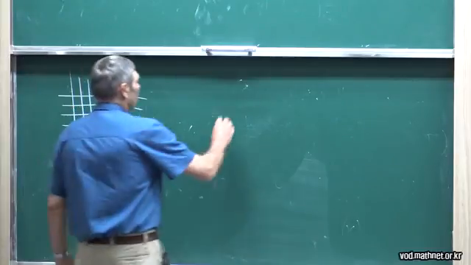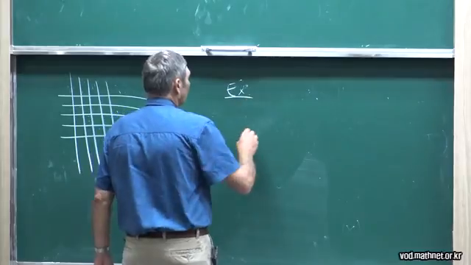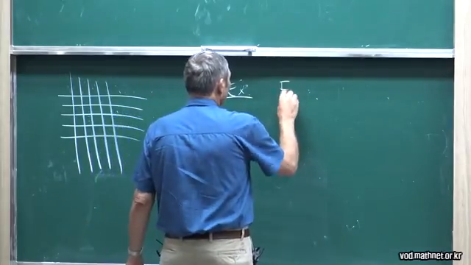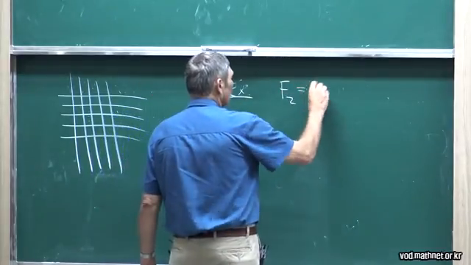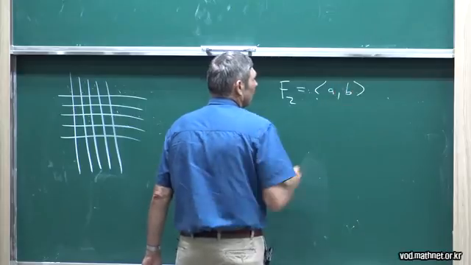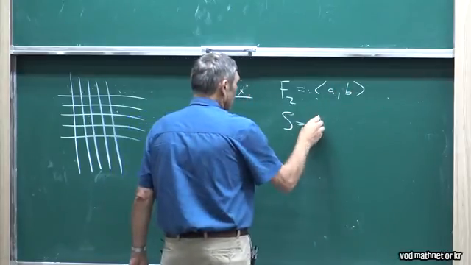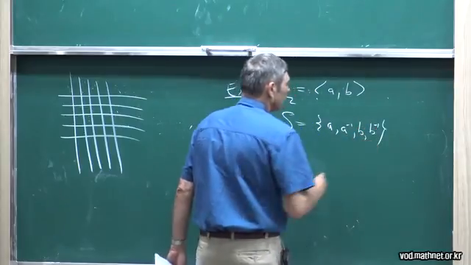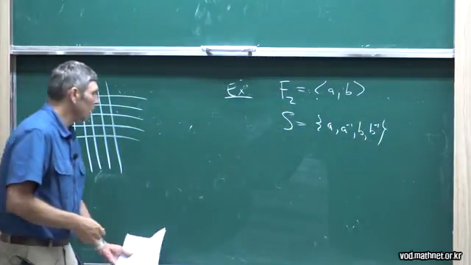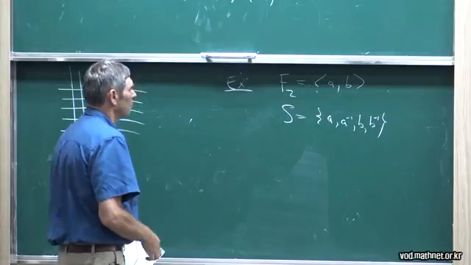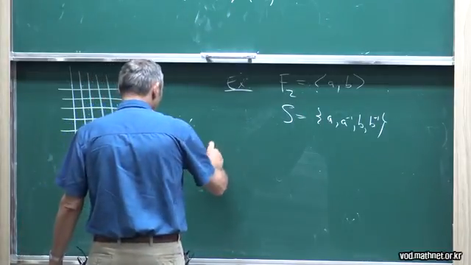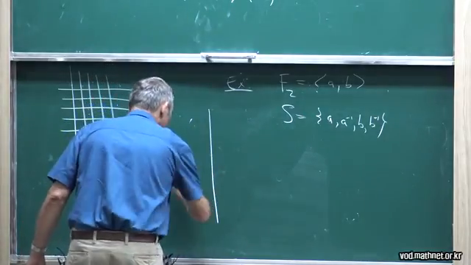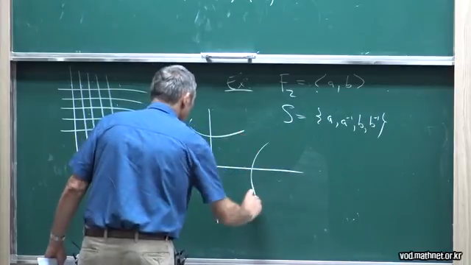Okay, for another example, let's suppose we take a free group. So let's say a free group of rank 2 generated by two elements a and b, say. And then our set S is going to consist of a, a inverse, b, and b inverse. And then the graph you obtain is going to be a tree. So it's like this.